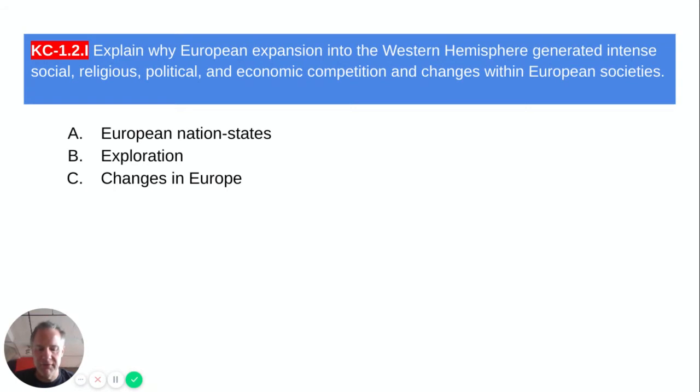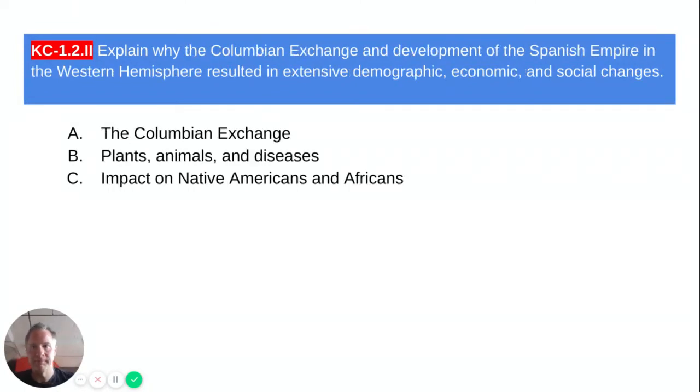And we'll see the influx of money and material goods that comes into Europe, as well as things like food and animals from the Americas, are going to have a profound effect on European culture as well as American culture. It's going to change the very way that Europe does business.